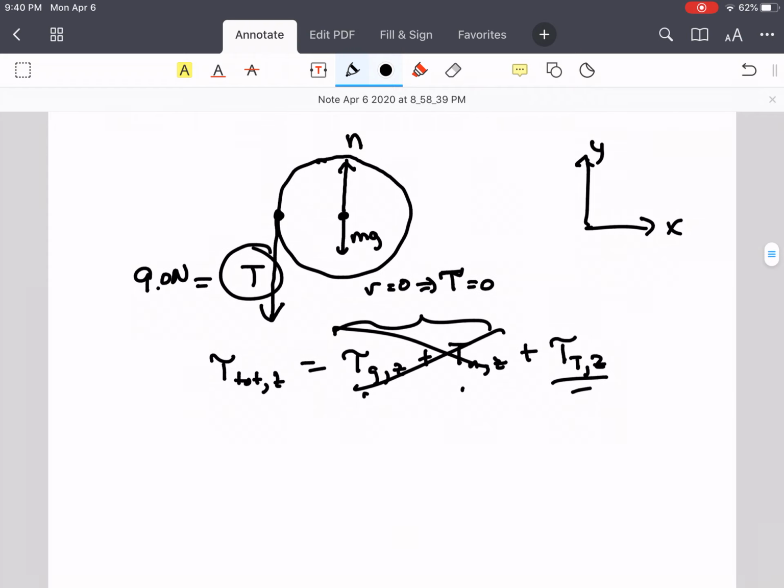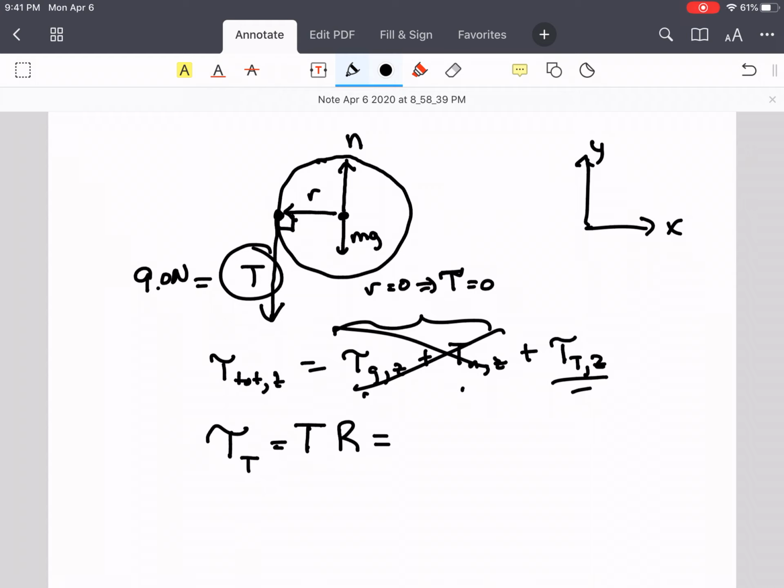Now quickly, let's figure out the magnitude of the tension force. So the tension force is acting at a radius capital R. It's perpendicular to that radius. Therefore, the magnitude of the tension torque is going to simply be tension times that radius R. Did I plug in numbers? I did not.